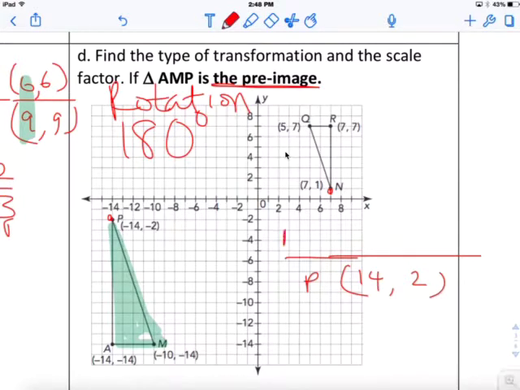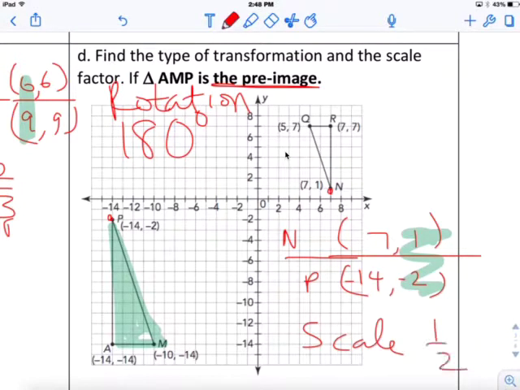And the other one's N, which is 7 and 1, negative. Okay, this is the scale factor of a half. Not negative. I know when you divide this, you get half. But this is how big it's growing. You only take positive numbers. So you take your distance from 0, the absolute value of negative 14 and the absolute value of negative 2. So the scale factor is 1/2.